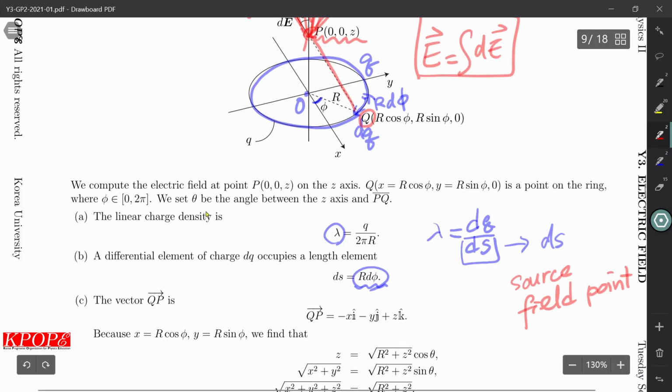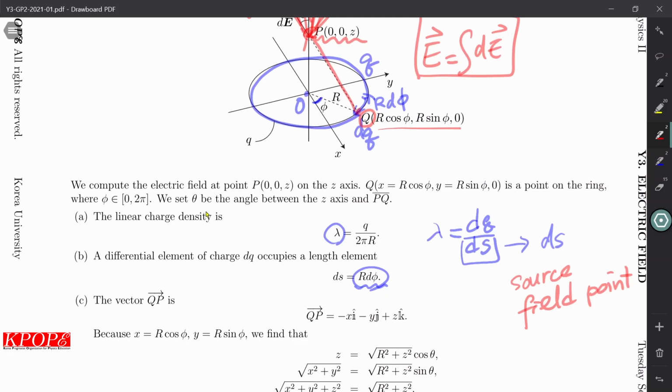The coordinate of this line segment of the circular charge distribution can be written in the form, because the polar angle is phi, the x component is r cosine phi, the y component is r sine phi.